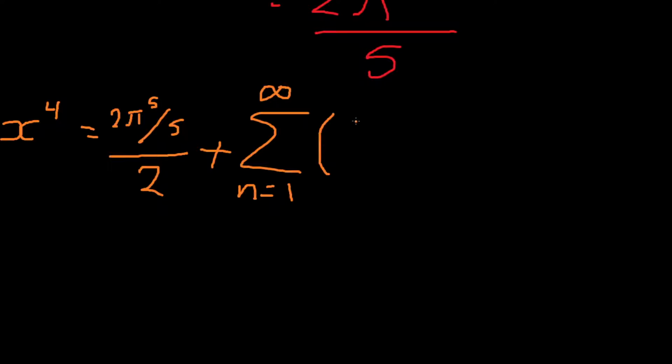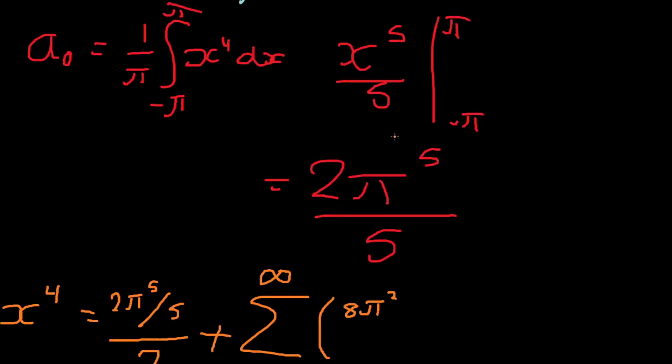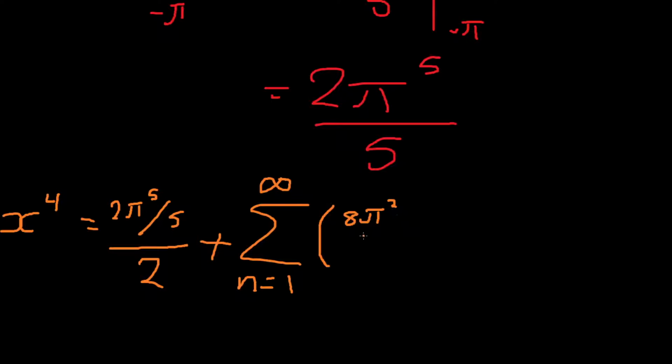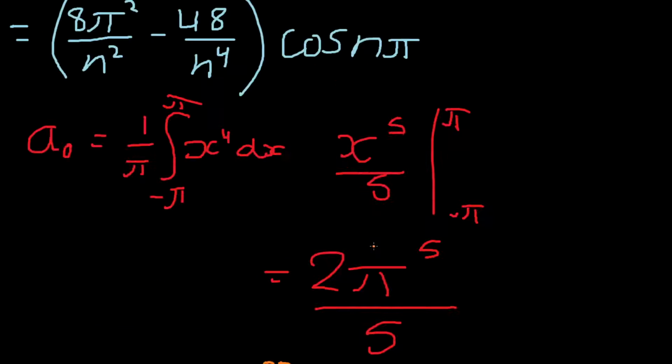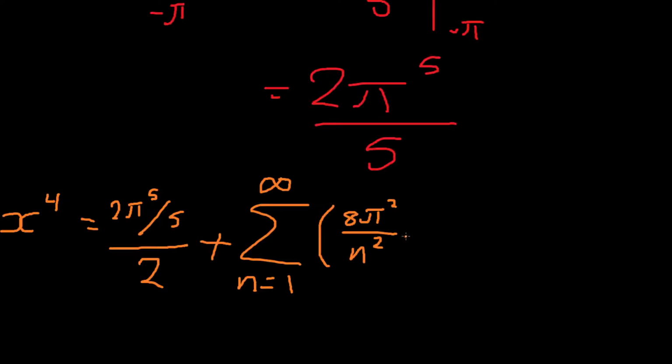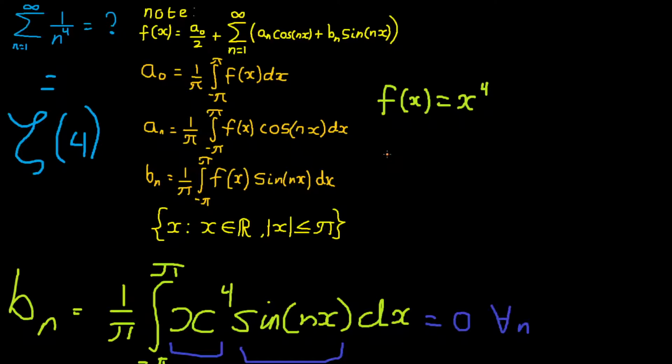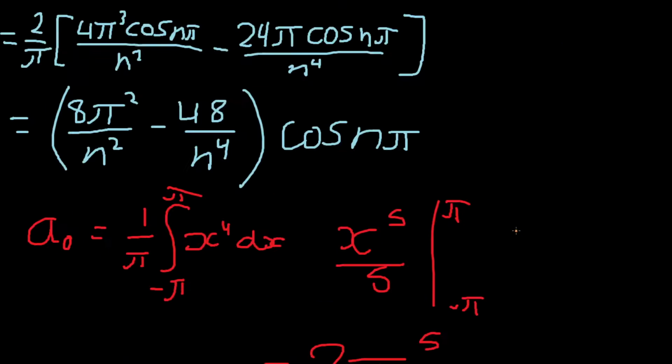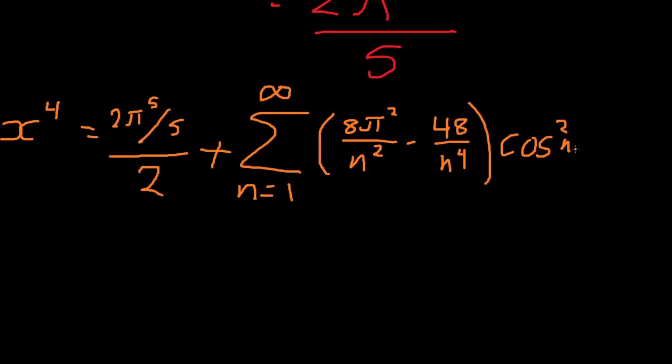This is just 8 pi squared over n to the second power minus 48 over n to the fourth power, times cos of, well, we have the cos of n pi, but we also have the cos of n pi here, so actually it's cos squared n pi.